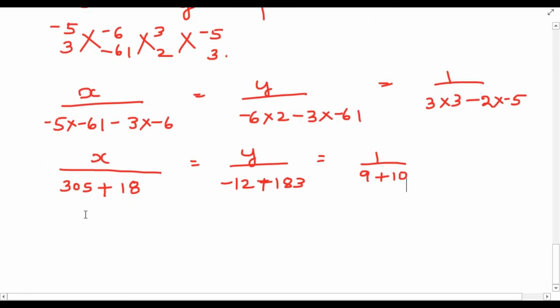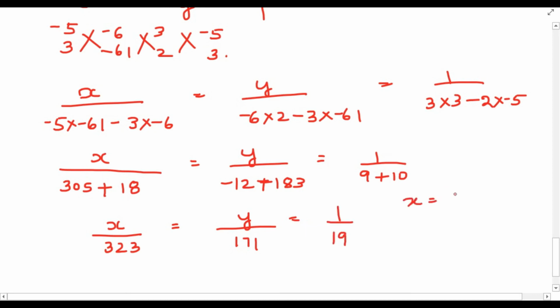Now 305 plus 18 will be equal to 323. For y, one is plus and the other is minus, so you have to subtract and put the sign of the bigger number. So this will be 171, equals 1 divided by 19.